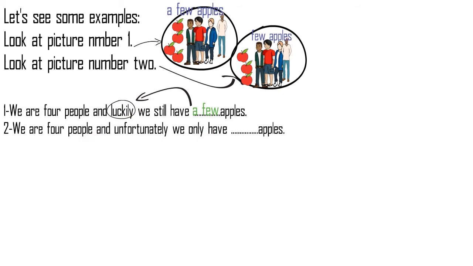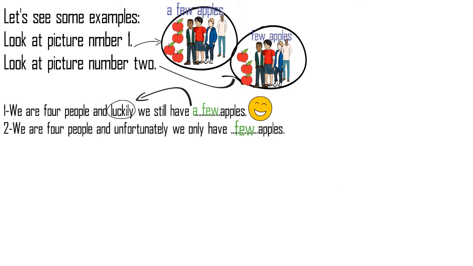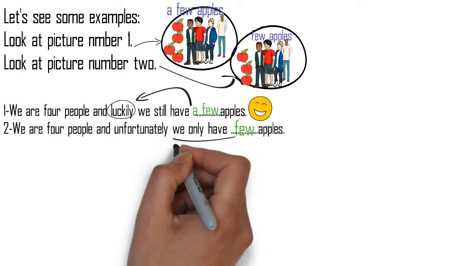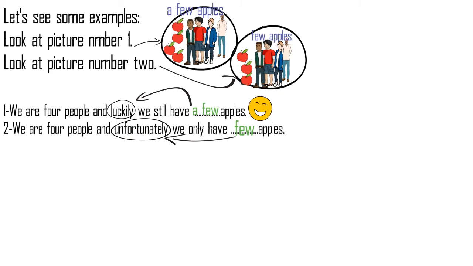Because we have here the word luckily, which suggests a positive idea. But look at number 2. We are 4 people, and unfortunately we have few apples. Why few? Because we have here the word unfortunately, and it is a negative idea.